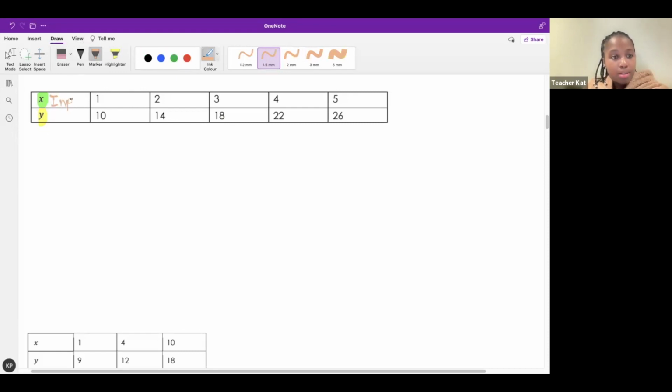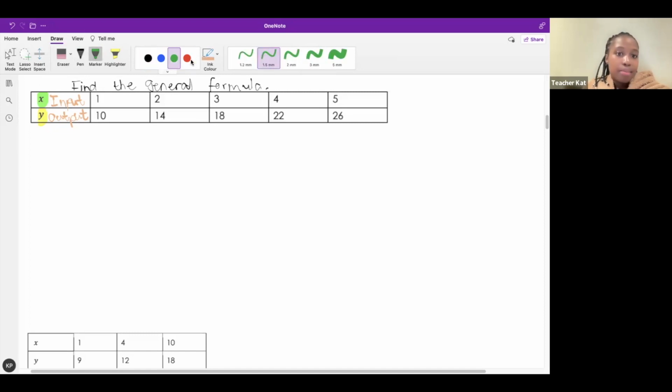We spoke about it in the previous lesson. Input or output to determine the general formula for this table? Nice, Buhlali. We look at the output. Okay?